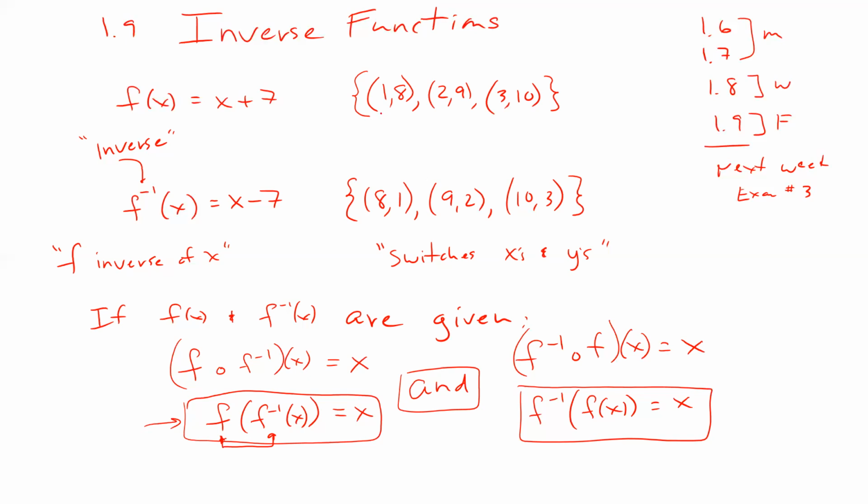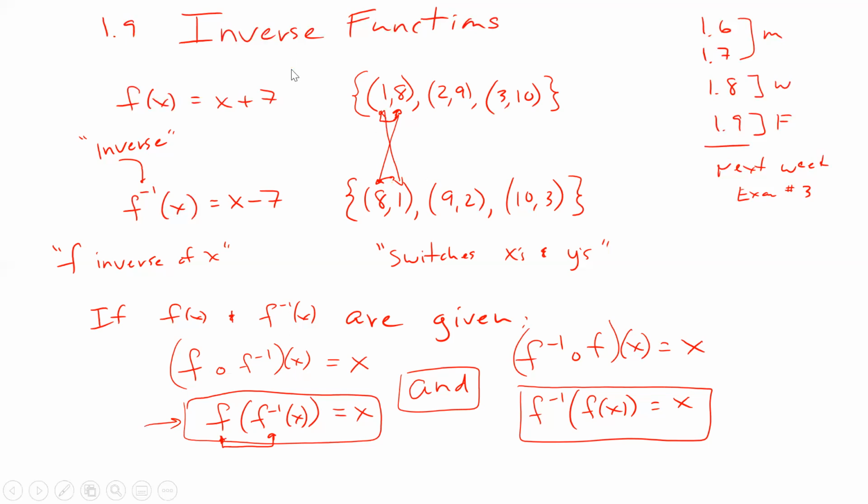If I were to add 7 to 1, I get 8. Are we good? Then if I drop it in here, 8 minus 7 gets me back to 1. Notice those two are exactly the same. If you add 7 to a number, then subtract 7 from it, you're going to wind up with the original number you had. And so that's what this says.